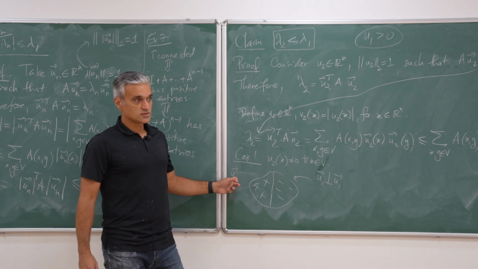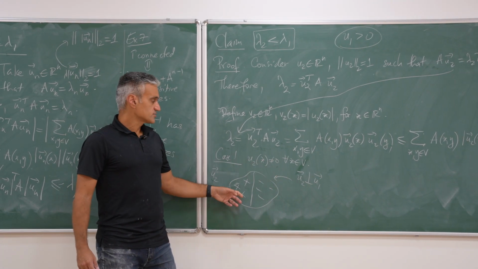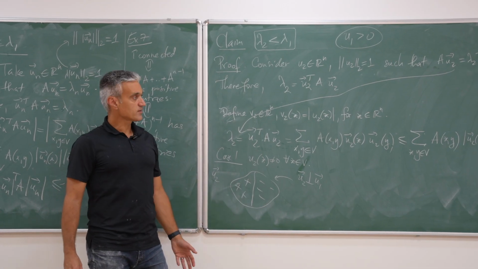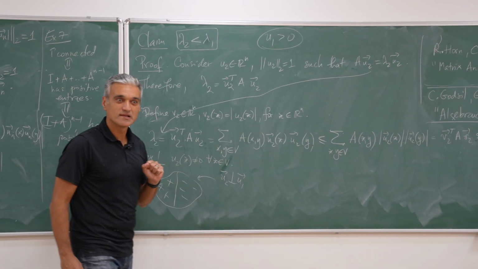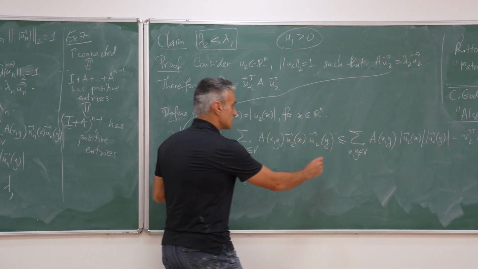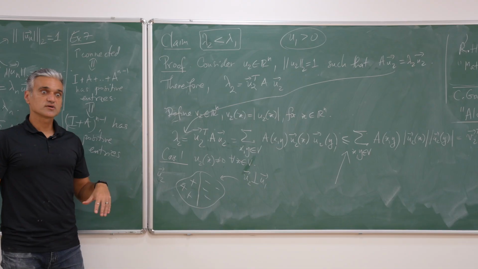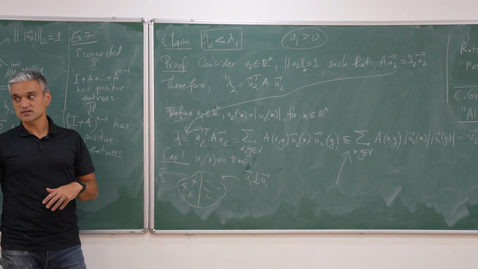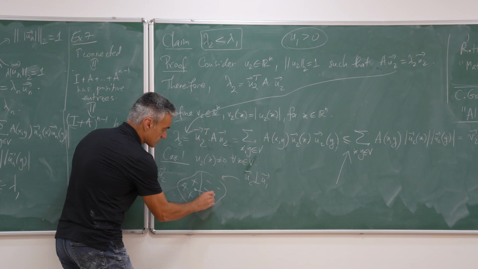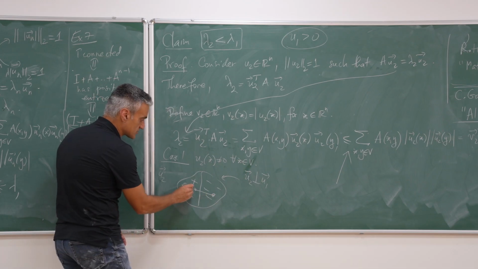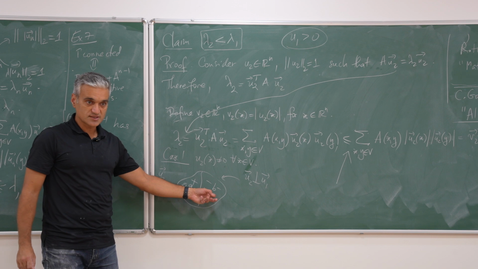And because of this assumption that none of the entries are 0, it's going to be split into positive and negative. Then where can I find some strict inequality here? You can find a strict inequality here because, again, the graph being connected means there's going to be some edge AB that goes from positive to negative, where the entry here is positive and the entry here is negative.